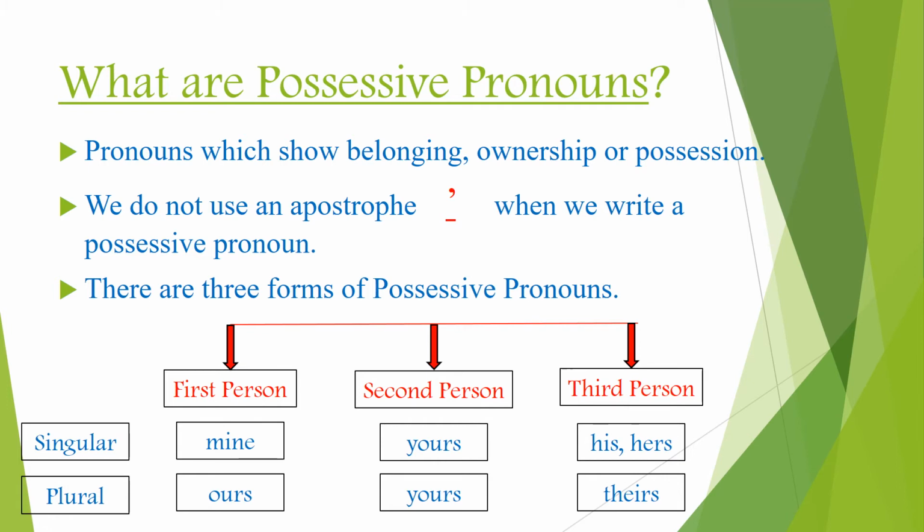Okay, so when we use possessive pronouns, we do not use an apostrophe when a possessive pronoun ends with S. There are a few possessive pronouns which end with an S, and we do not put an apostrophe before it, because they are possessive pronouns. Even in possessive pronouns, you have three forms: first person, second person, and third person.